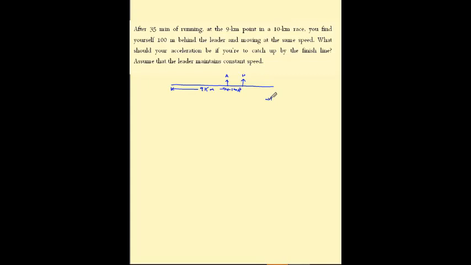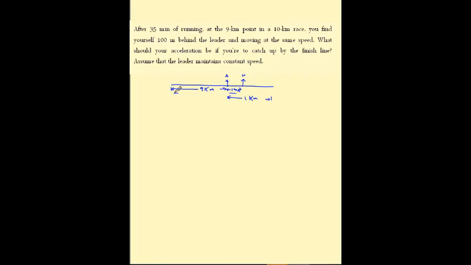So you still need 1 kilometer to finish the race, and you spent 35 minutes to arrive at this point, the 9 kilometers point, and also the leader spent 35 minutes to be at 9.1 kilometers, because we have here 9 kilometers and 100 meters.